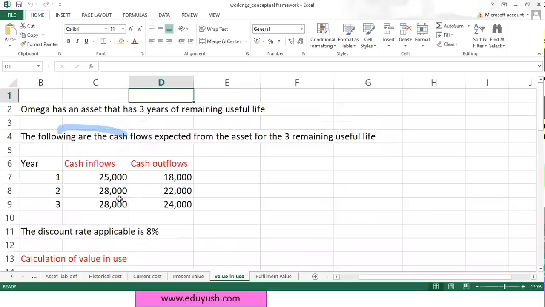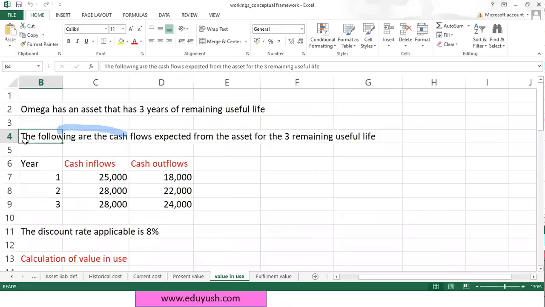Omega has an asset that has 3 years of remaining useful life. So it has used the asset, now 3 more years are left. The cash flows that they're expecting from the use of the asset are given to us, the cash inflows and the cash outflows. The discount rate applicable is 8%. Calculate the value in use.